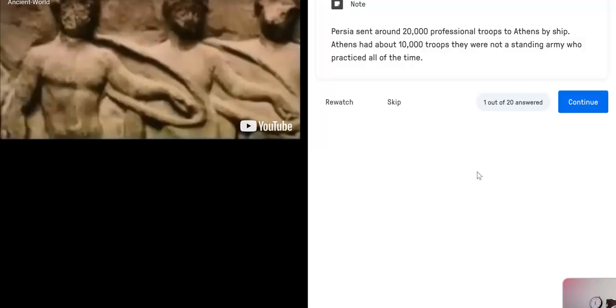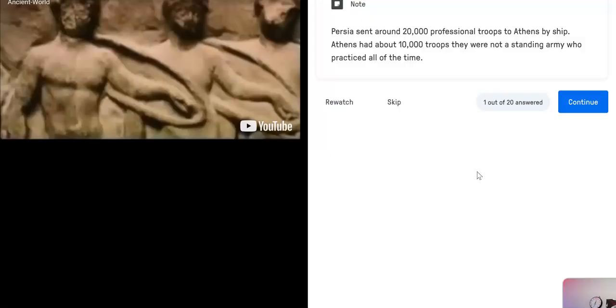Athens, right? If we look at the size of Persia, do we think they had more or less than 20,000 troops? Look at how big this empire is. Do we think they sent every single troop they have to Greece? Yes or no? No, right?